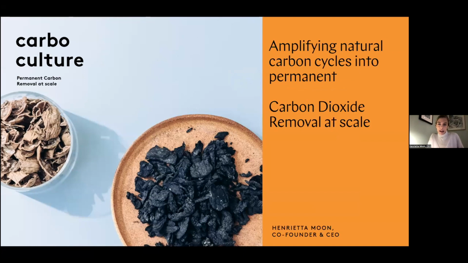I want to talk about amplifying natural carbon cycles into permanently removed carbon dioxide. Obviously, for the biochar people here, you're very clued in, but carboculture exists not just for our mission, but from the belief that nature is already drawing down billions of tons of carbon dioxide annually, and now we just need to turn it into a permanently stored version of that.